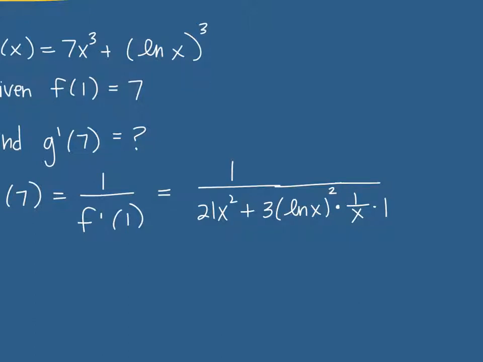That is what I'm going to plug 1 into, and it will simplify very nicely for me. So I'll have 1 over 21 plus 3 times the ln of 1 quantity squared times 1. What's the natural log of 1? The natural log of 1 is right where the natural log function crosses the x-axis. Okay, the natural log of 1 is 0, and so we get 1 over 21, and that's the value of the derivative.